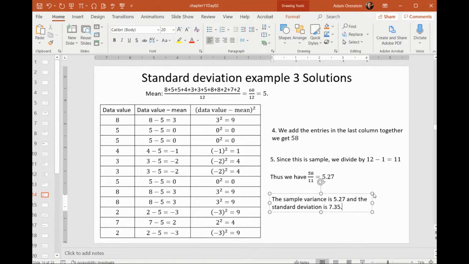Let me just calculate that for you guys. I don't know why I missed that. So the standard deviation is 2.30. Sorry about that. All right, cool.